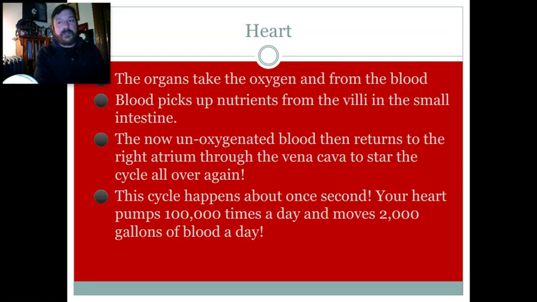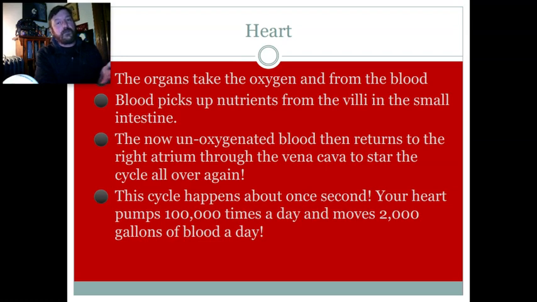There are infoldings in the intestines themselves that maximize surface area to allow nutrients to get into the blood so that they can get to where they need to go. The tissues take in what they need through diffusion. The deoxygenated and nutrient low blood then goes back to the heart through the vena cava, and everything starts over again.